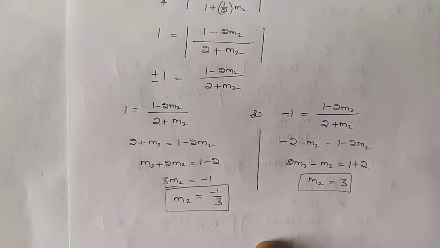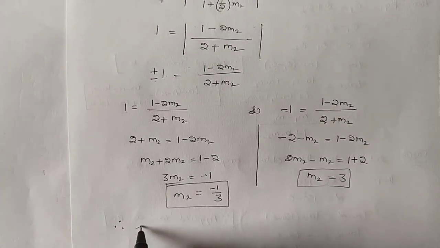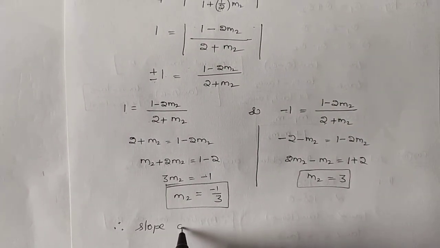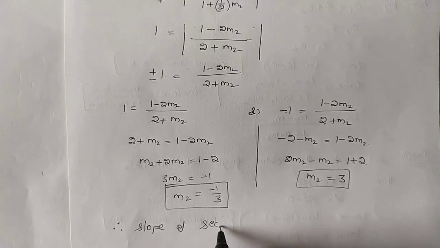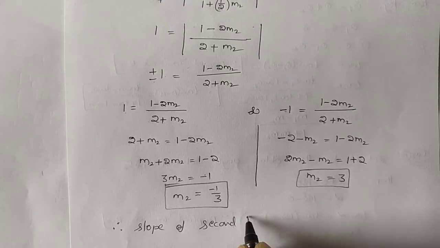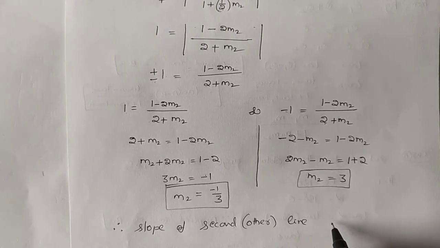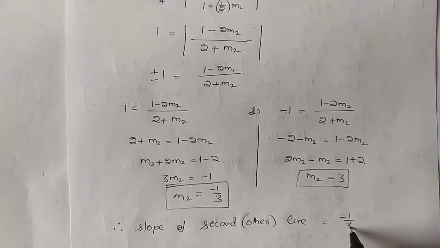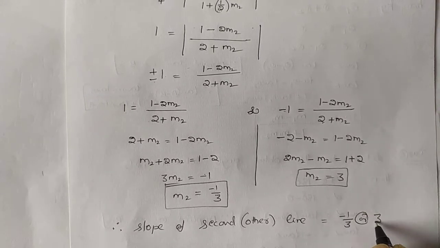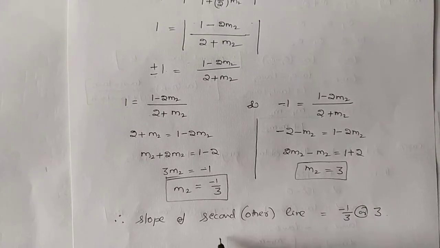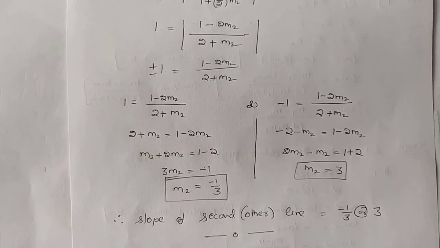Write the conclusion. Therefore the slope of the second line is minus 1 by 3 or plus 3. Hence this is the solution.